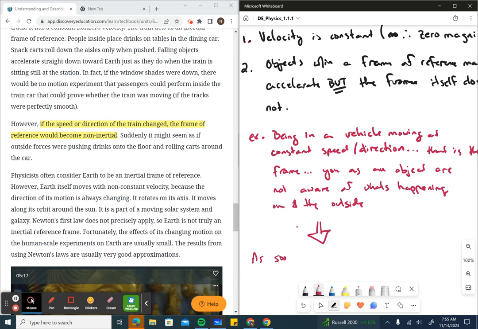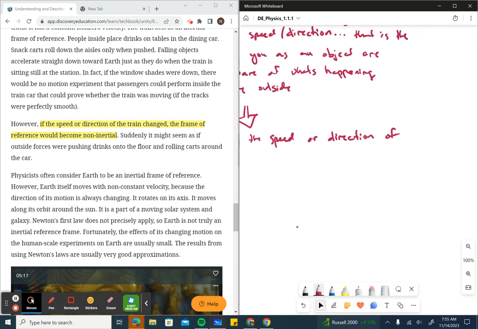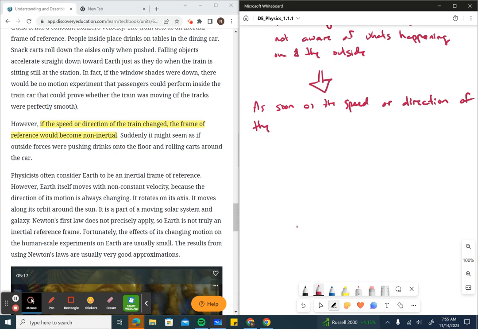As soon as the speed or direction of the vehicle changes, then the frame of reference changes.